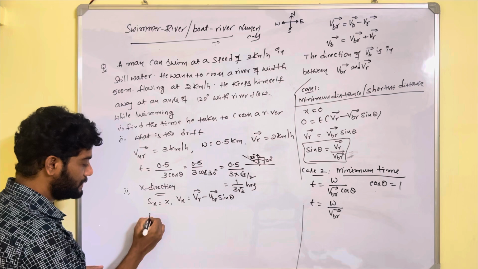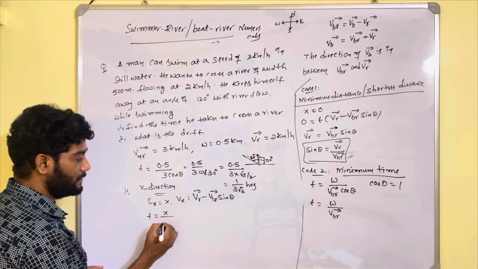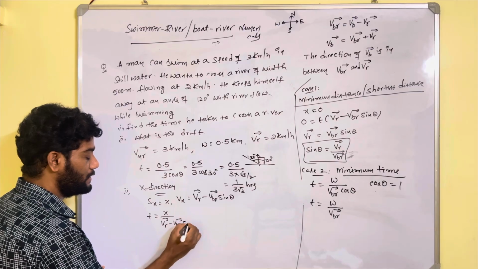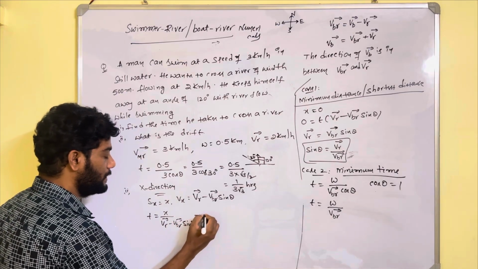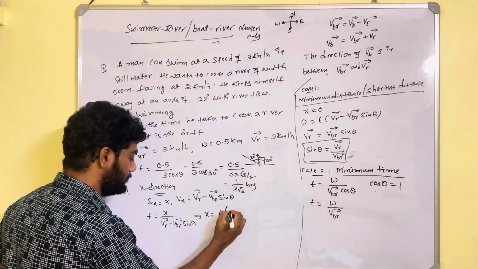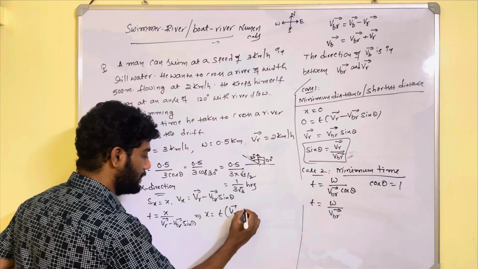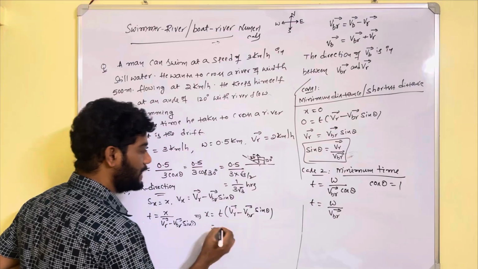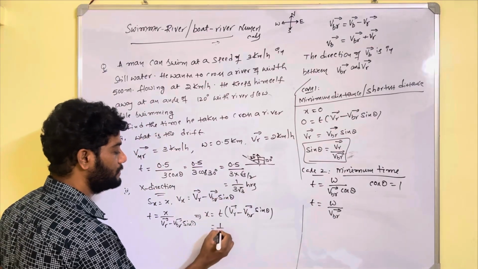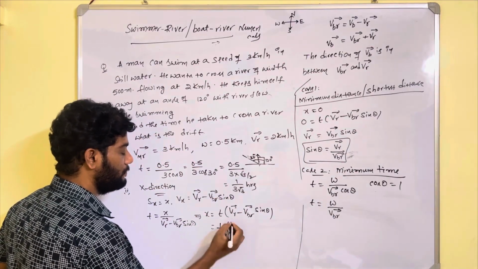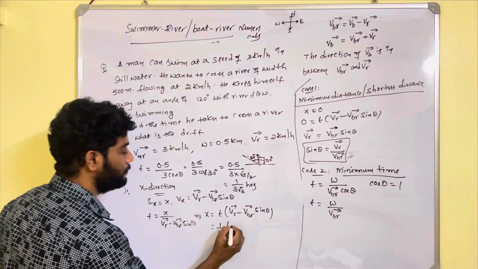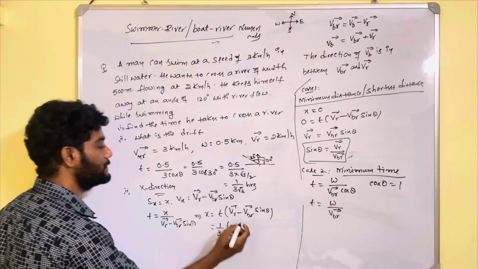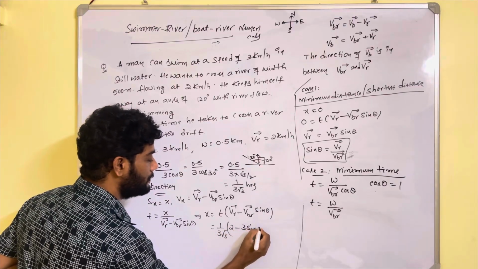The requirement: time is equal to x by VR minus VBR sin theta. So x equals time into the velocity of the river minus the velocity of the boat with respect to the river into sin theta. Time is 1 by 3 root 3, into the velocity of the river, which is 2, minus the velocity of the man with respect to the river, 3, sin 30.